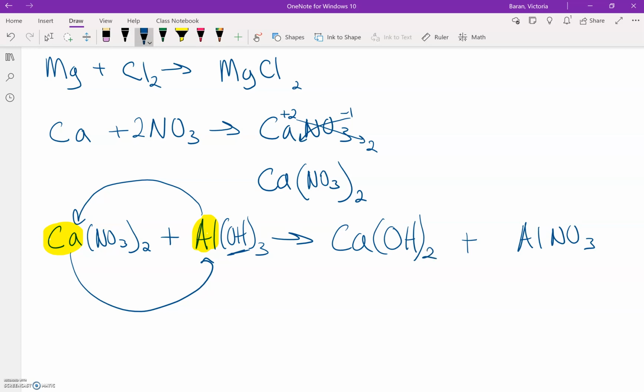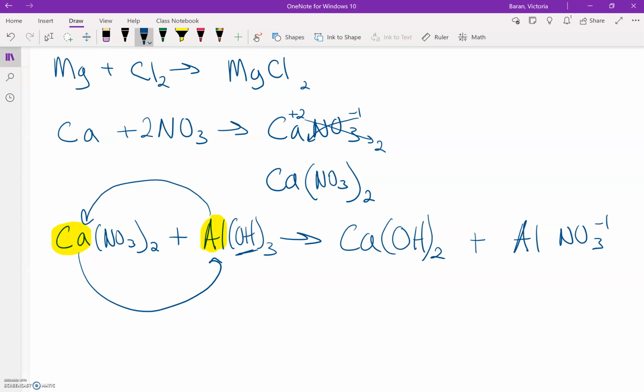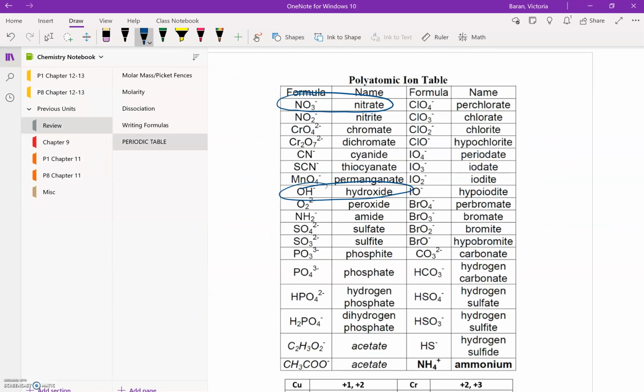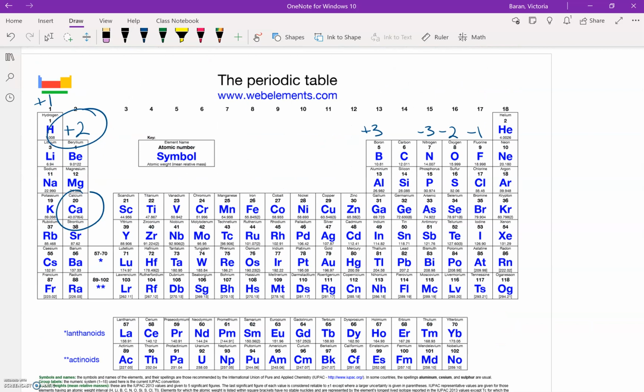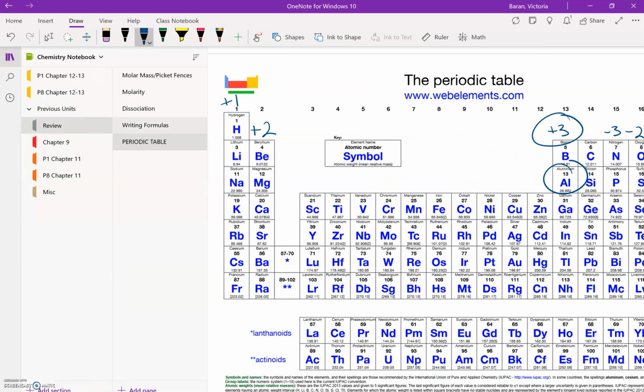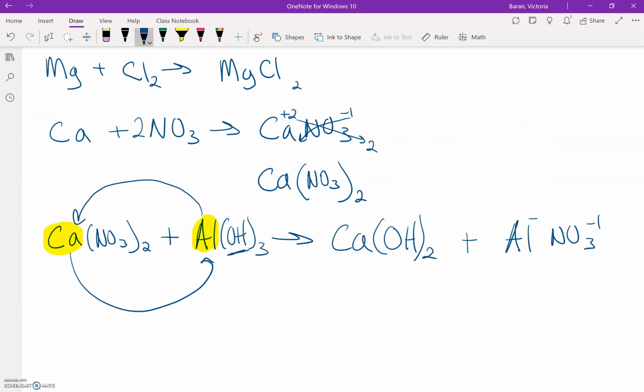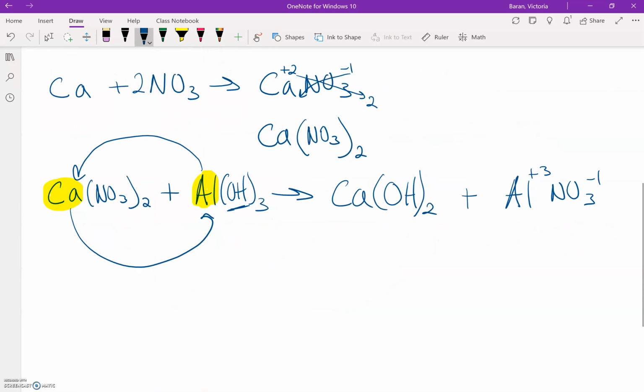So we have that compound, and now we have to do the other one, which is the aluminum and the nitrate. We already know that this one has a charge of -1, but now we need the charge of aluminum. That's on the front of our periodic table. So aluminum is right here, and it has a charge of +3.